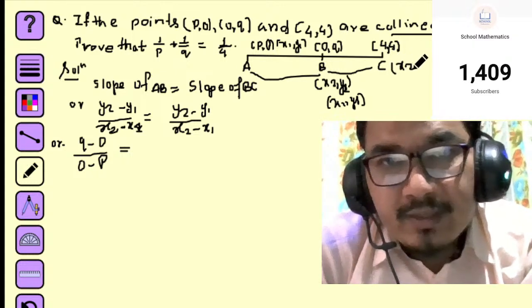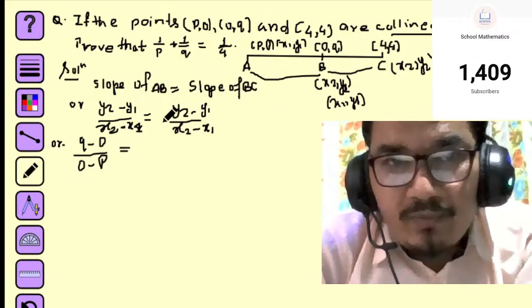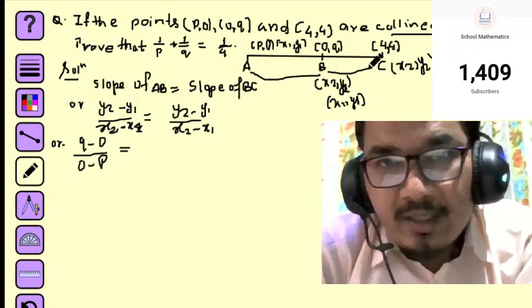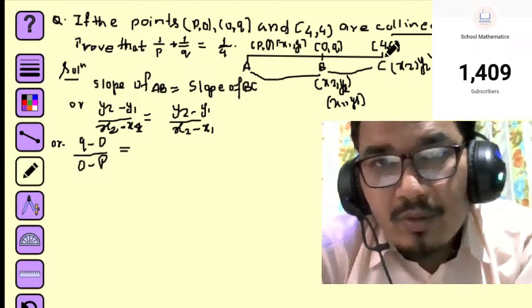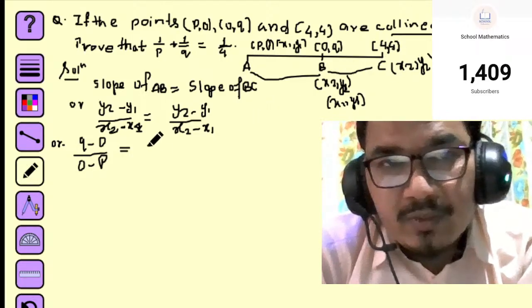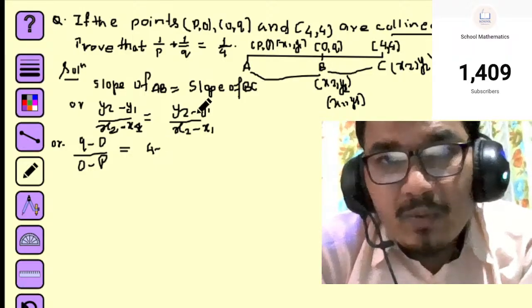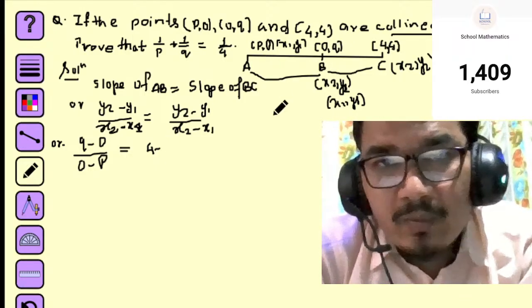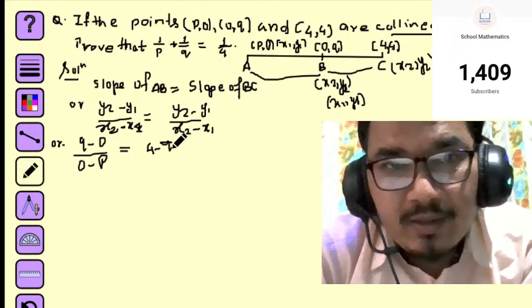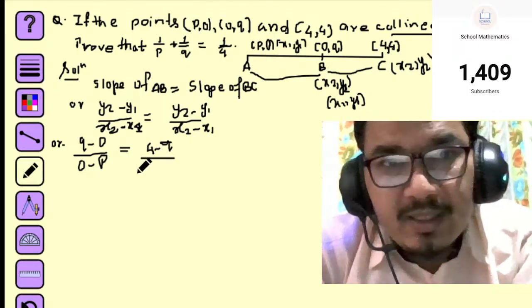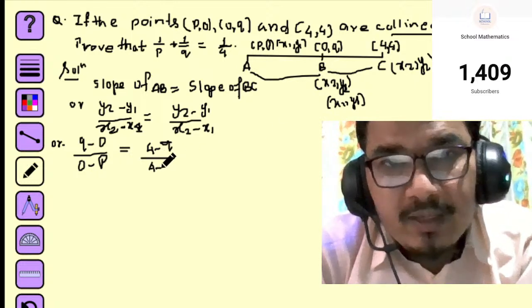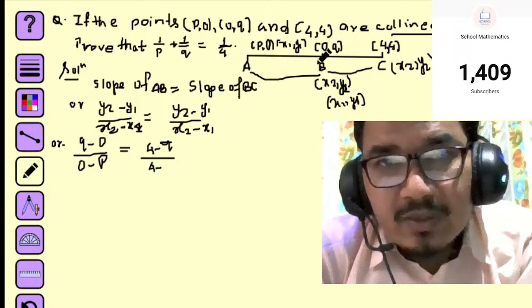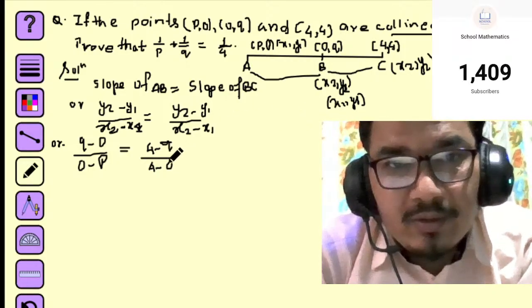While finding the slope of BC, x2 is 4, y2 is 4, so y2 is 4 minus y1, which is Q, whole upon x2 minus x1, x2 is 4 minus x1 which is 0.